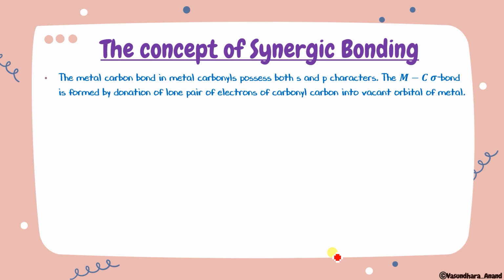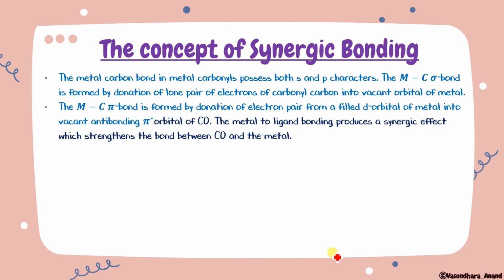The M-C sigma bond is formed by donation of a lone pair of electrons of the carbonyl carbon into the vacant orbital of the metal, while the metal-carbon pi bond is formed by donation of an electron pair from a filled d orbital of the metal into the vacant anti-bonding pi orbital of CO, and that is called the synergic bond.